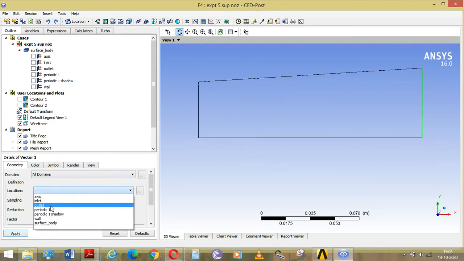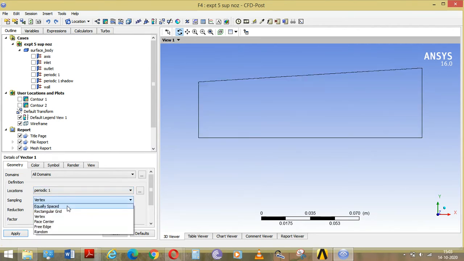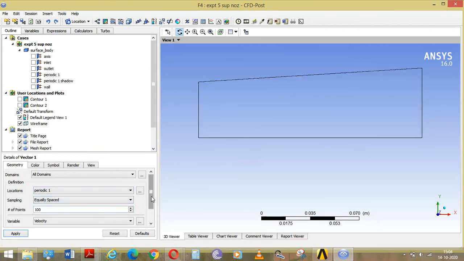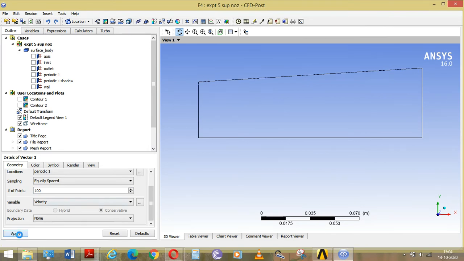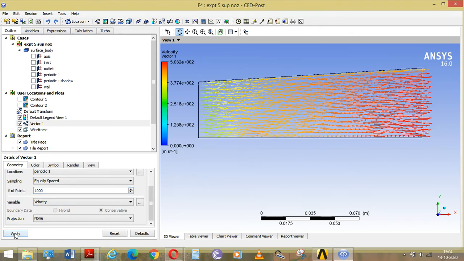So location on that particular surface, sampling equally spaced, the rest of vectors, number of points 100. So if 100 is very less, you can increase to 500, 1000. Okay.